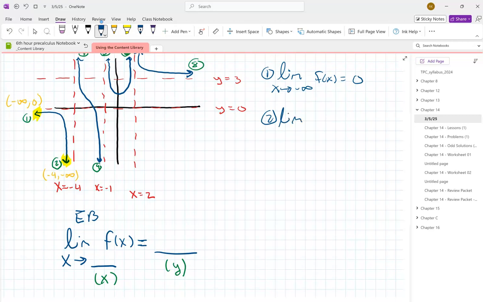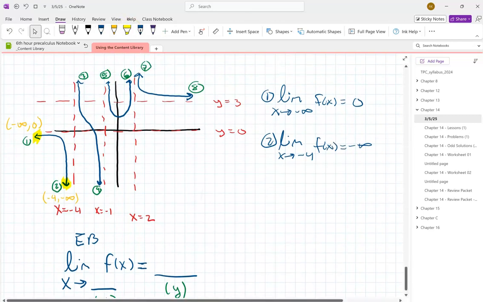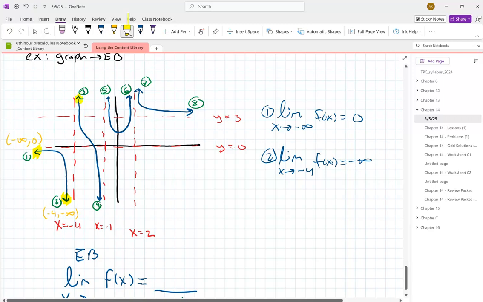So we'll say the limit as x approaches -4 of f of x equals -infinity. If I look at number 3, that is also located at -4, but this time it's pointing up, so it's like -4, positive infinity.